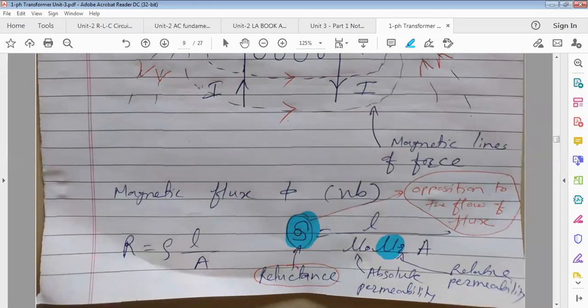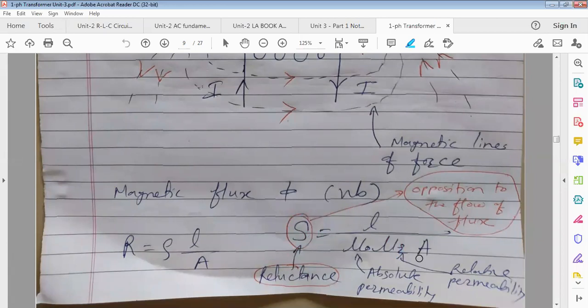Compared to that, the relative permeability of air is 1, which is very, very less. So opposition offered by air to the flow of flux will be very high compared to these materials, but it is not infinity. Means flux can complete its path through air. Okay, but a very small percentage of flux will complete its path through air. Maximum flux completes its path through the core.